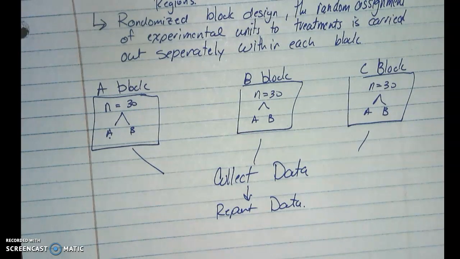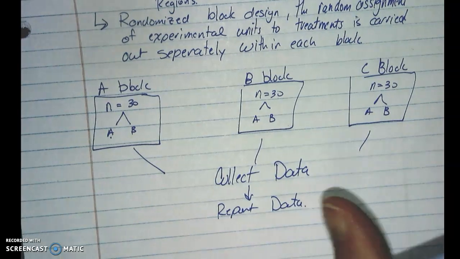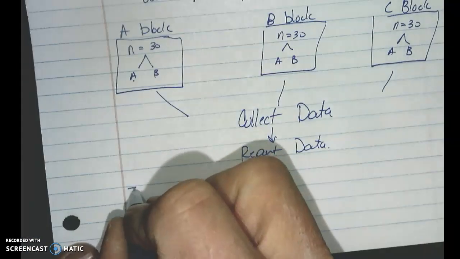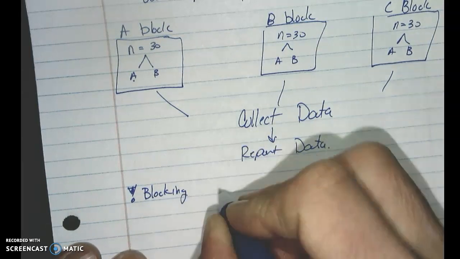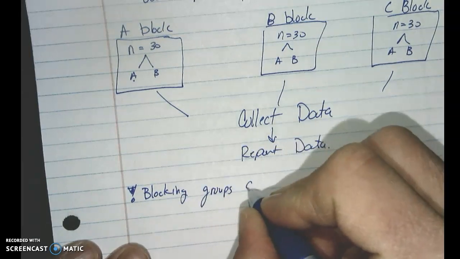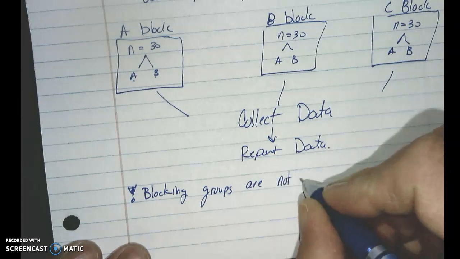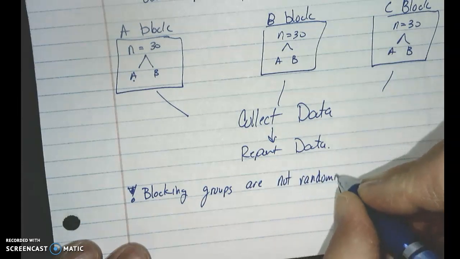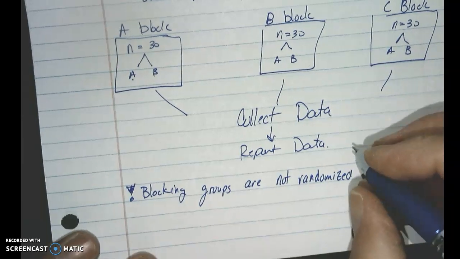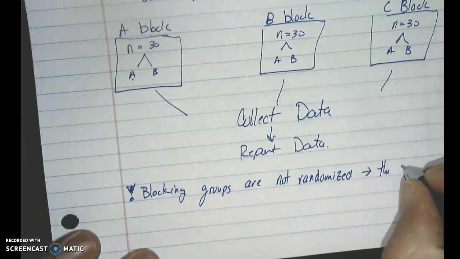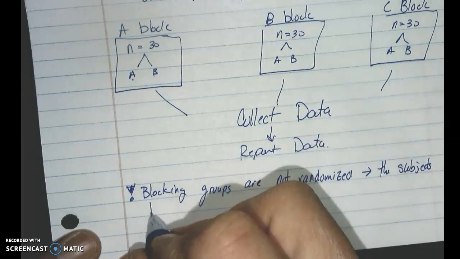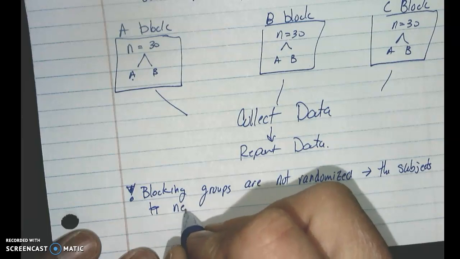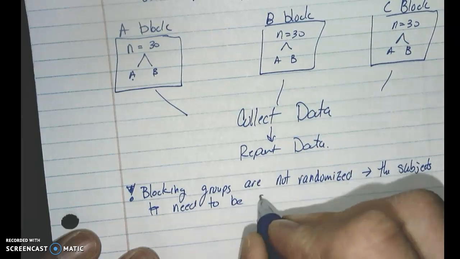Okay. Yeah, so the double blind is good stuff. I'll give you a second. One important aspect here: your blocking groups are not randomized. The subjects we're looking at need to be similar.